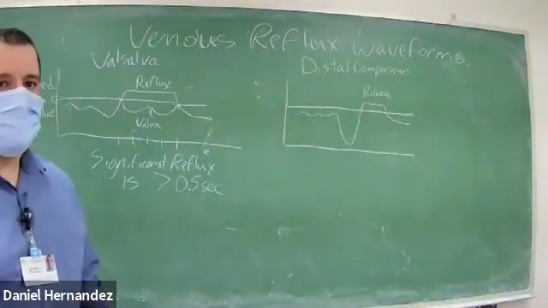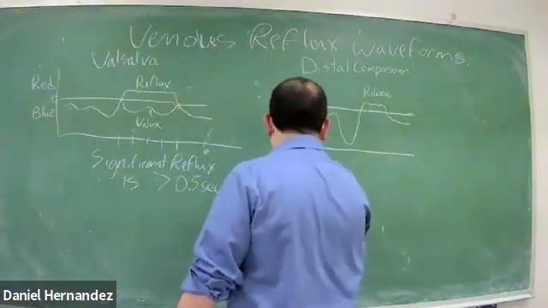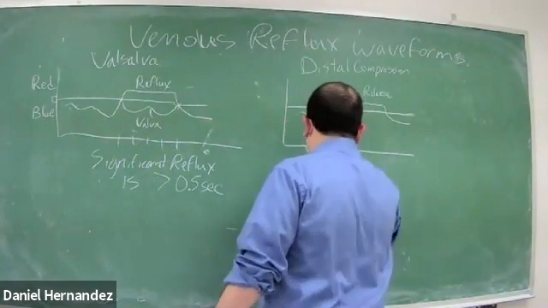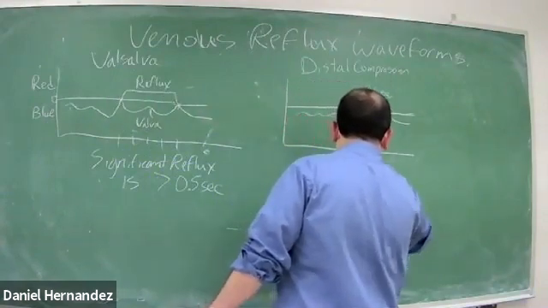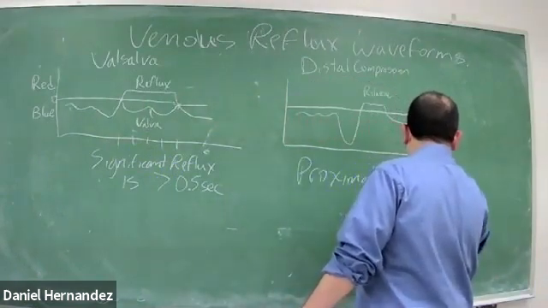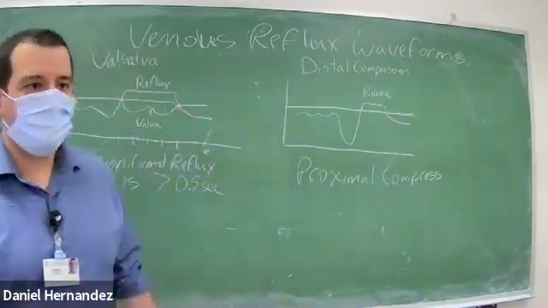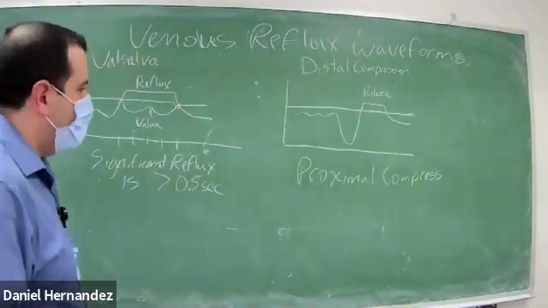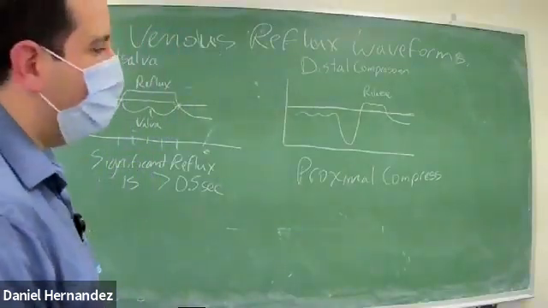So that would be a positive reflux waveform. And the third thing we could do would be proximal compression. So this is when we're doing compression above the level of where we're imaging. So say we're now imaging the vessels of the calf, we're compressing up by the thigh.